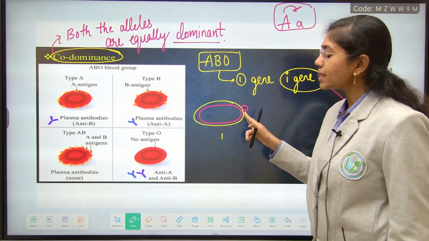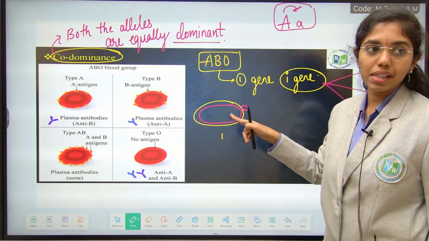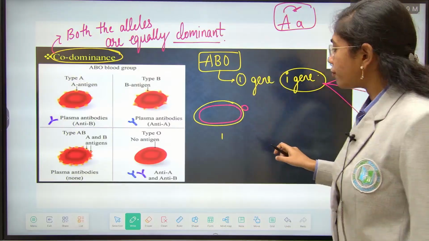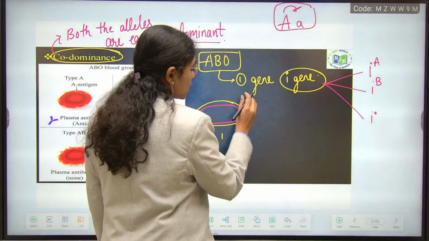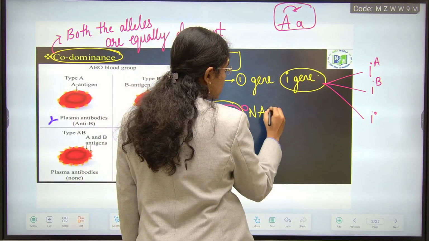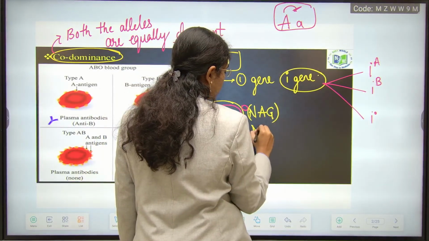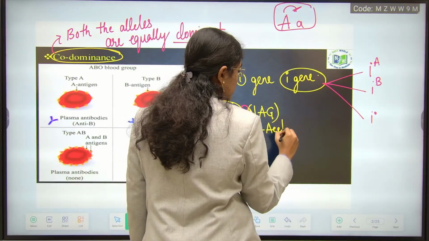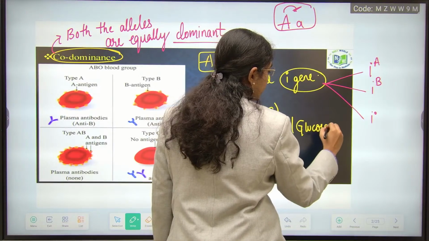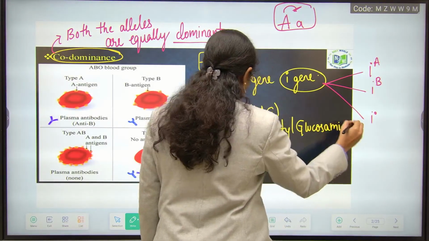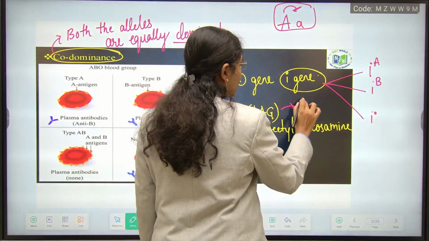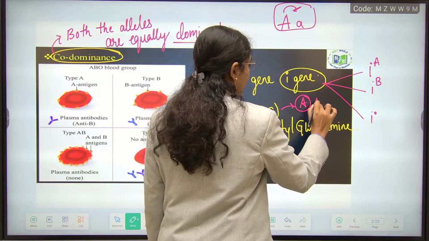Based on the polysaccharide present on the RBC surface, the antigen will be decided. If the surface of the RBC has the NAG unit, that is N-acetyl glucosamine, that is IA grouping, which has A antigen.